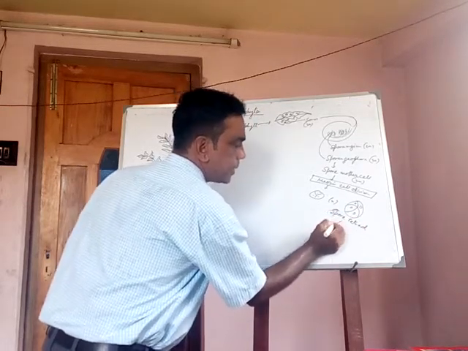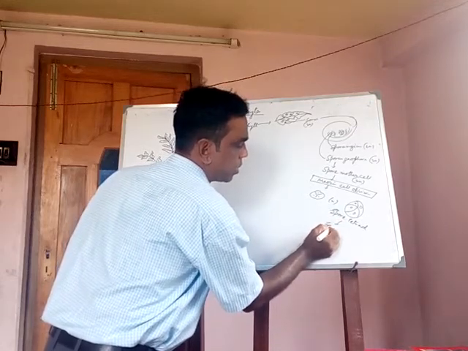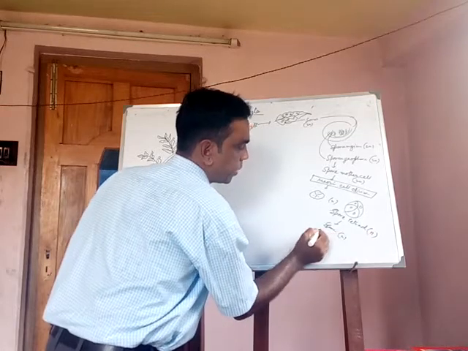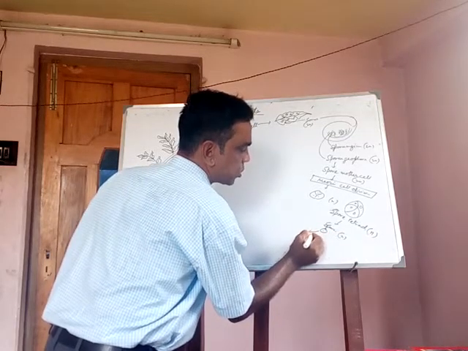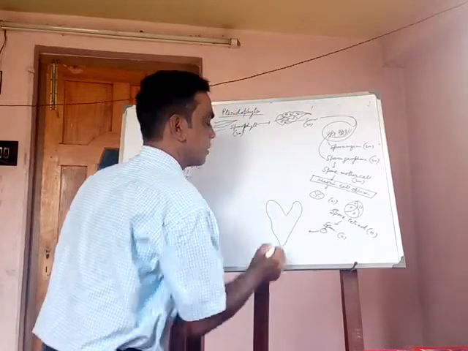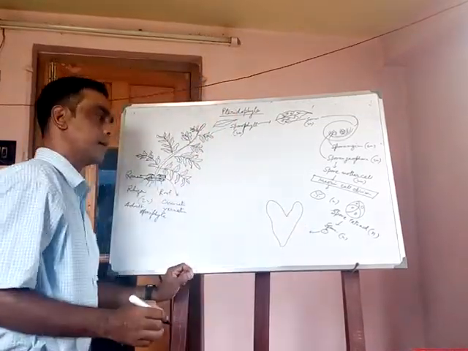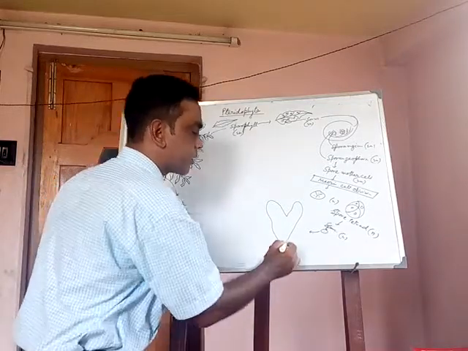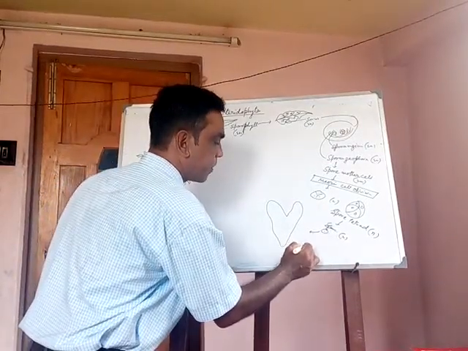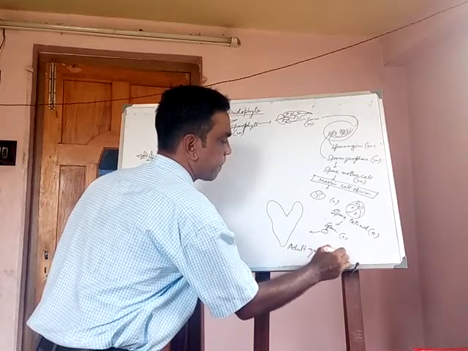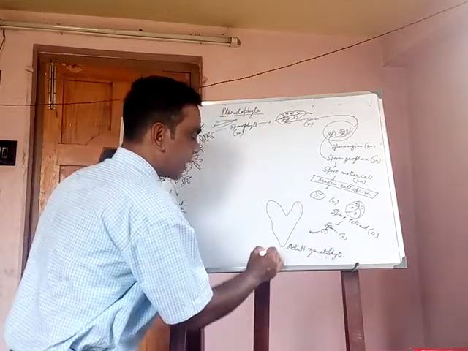And each spore can produce the heart-shaped structure of the gametophyte, the adult gametophyte. That is called prothallus.